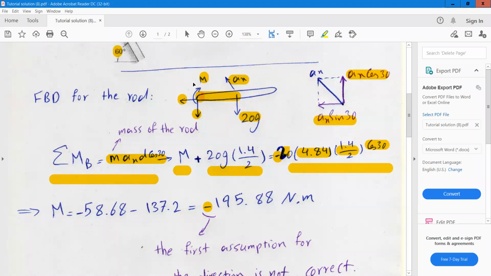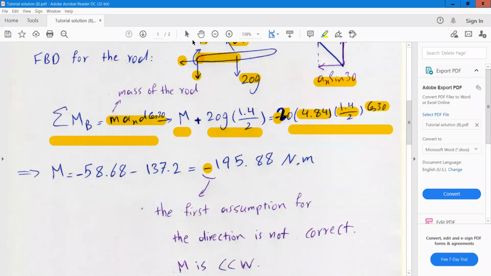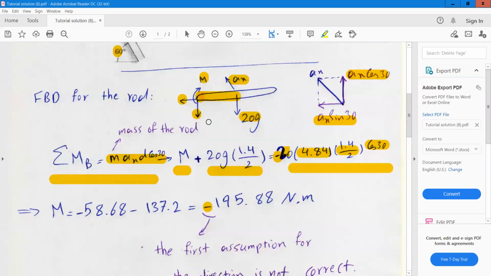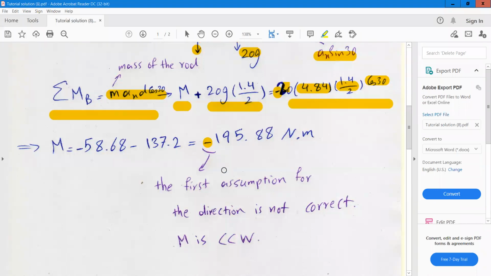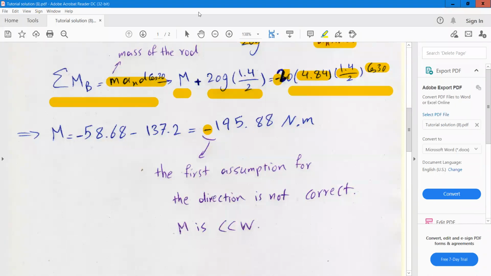We assumed that the moment M is in clockwise direction, but when we solve the equation, we obtain that the moment is negative. It means that M will be in counterclockwise direction, because we assumed that clockwise direction is positive. When you determine a negative value for your moment, it means that this moment is in counterclockwise direction. Clear? Any question from this problem?